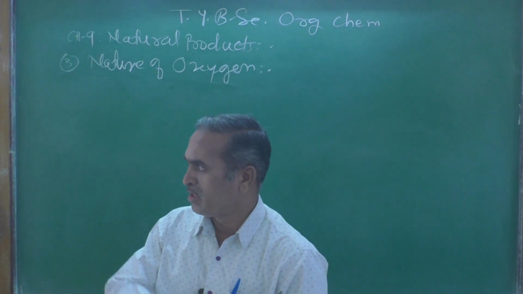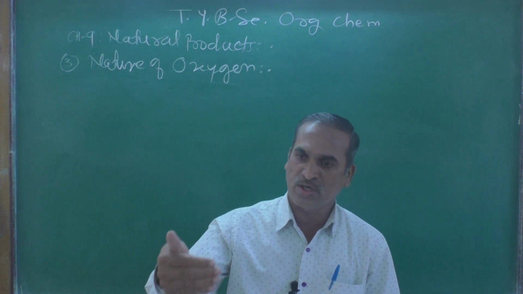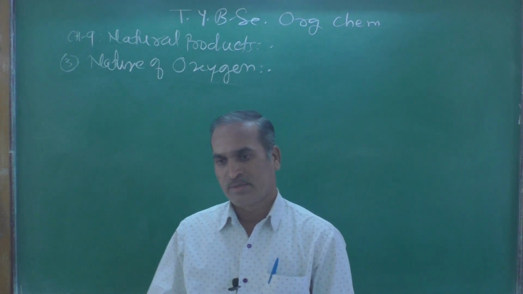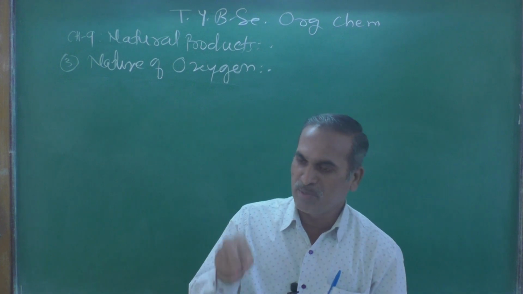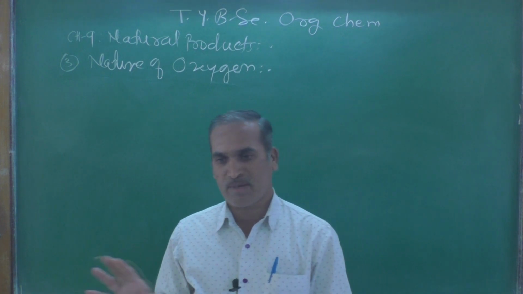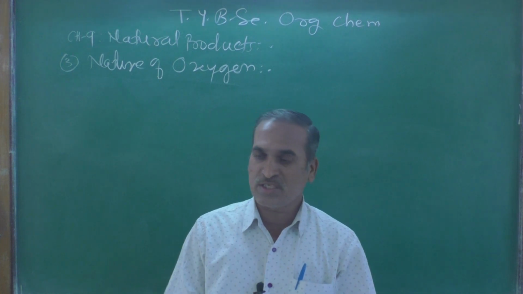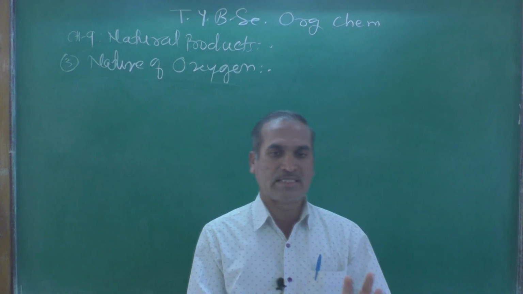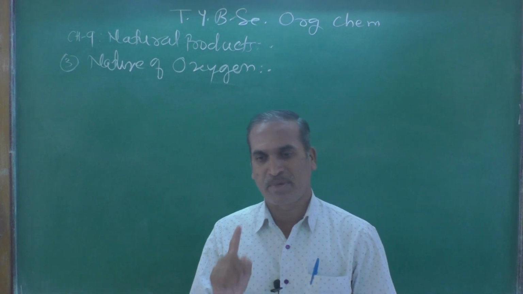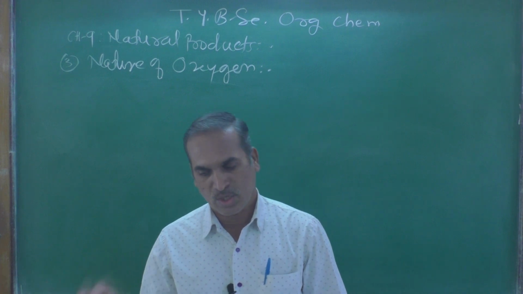If only one equivalent of bromine is consumed by the substrate, it means that there is only one carbon-carbon double bond present in the alkaloid. That's it. In this way we can easily detect the presence of carbon-carbon double bonds in the alkaloid.